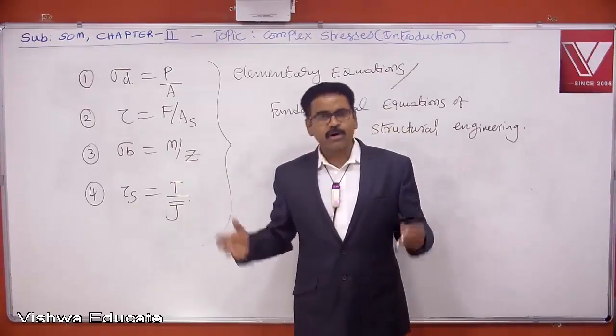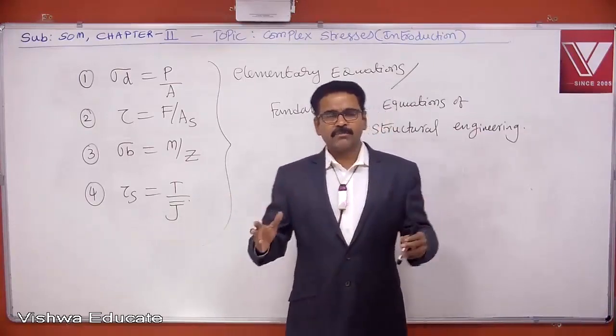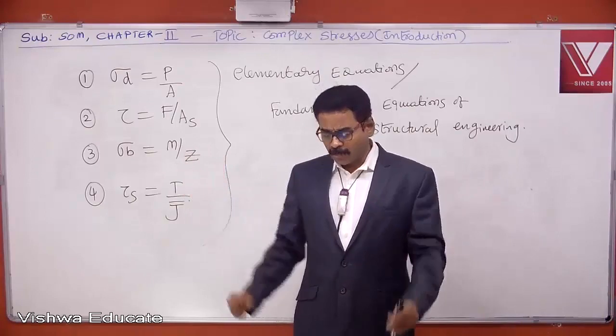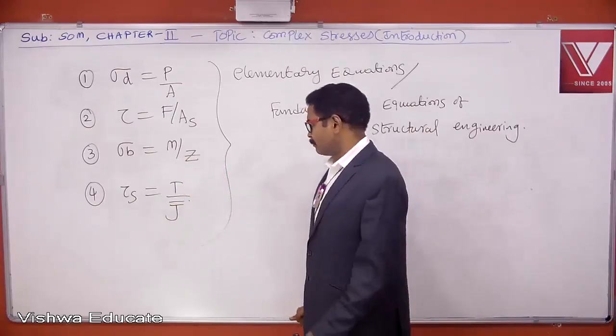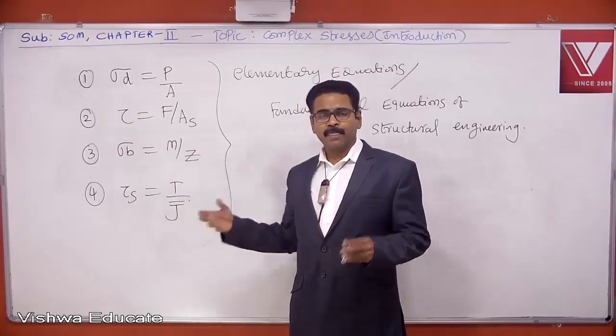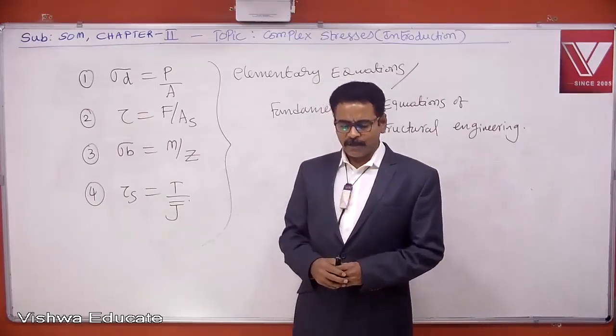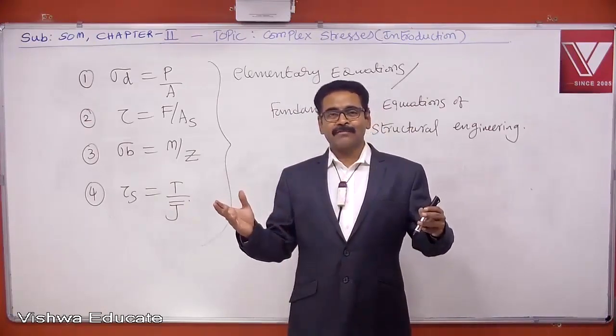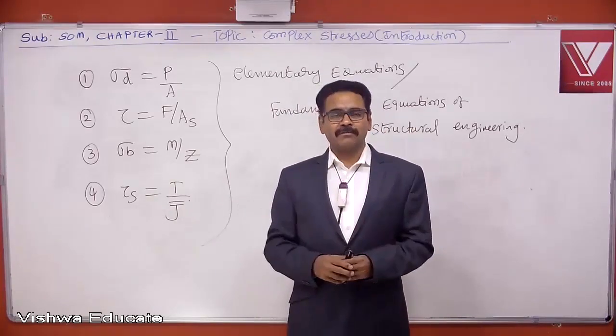Section modulus of what? Section modulus of cross section of the beam. What is J bar here? Polar modulus. Polar modulus of what? Polar modulus of cross section of the shaft.